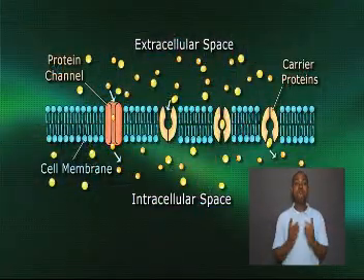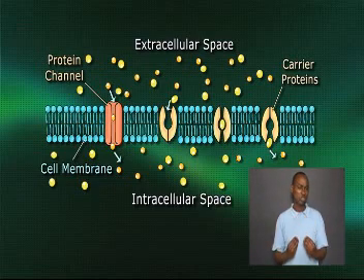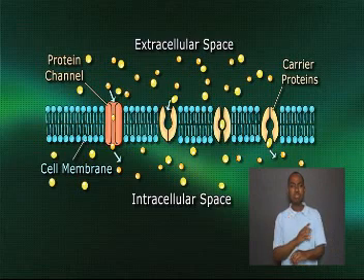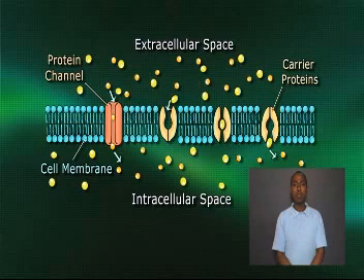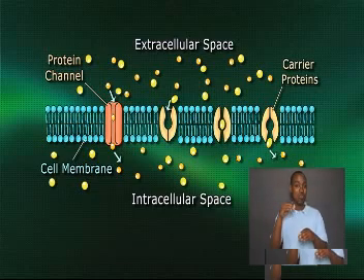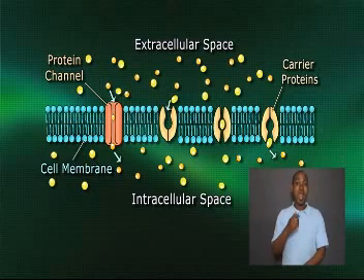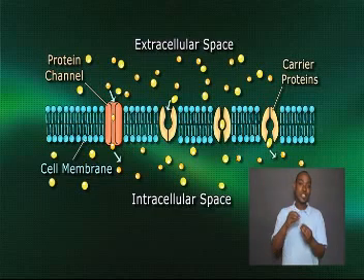Diffusion is a slow process. Some cells adapt to make diffusion more efficient. The most common adaptation is an increase in the membrane.